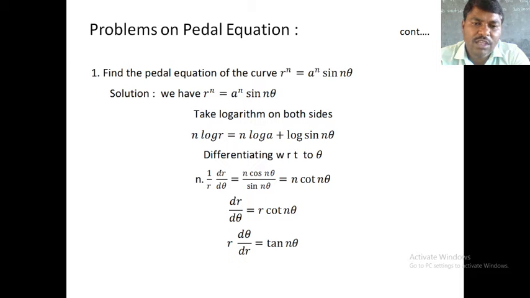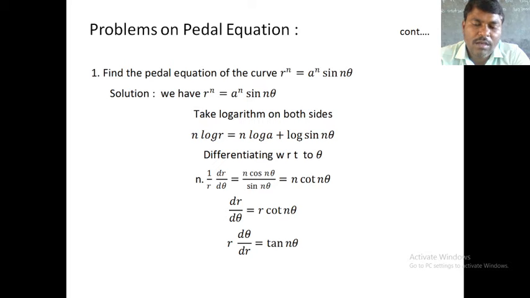The derivative of sin n theta is n into cos n theta, so that is equal to n into cos n theta by sin n theta, which is cot n theta. Here n gets cancelled, so we get dr by d theta is equal to r into cot n theta.